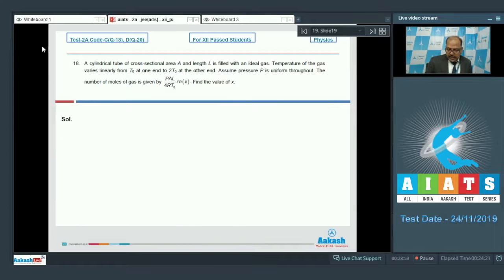So to solve this, I just draw a cylindrical tube.